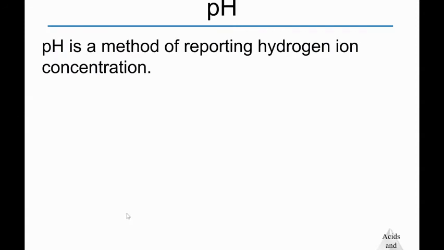All right. So pH. We talk a lot about pH, like in biology and regular chem, but it's basically this method of reporting hydrogen ion concentration. And it's really nothing amazing other than allowing us to look at numbers where we don't have a lot of really, really small numbers or negative exponents, and allows us to look at pH on a scale of usually 1 to 14, and our brains just deal with those numbers a little bit better.